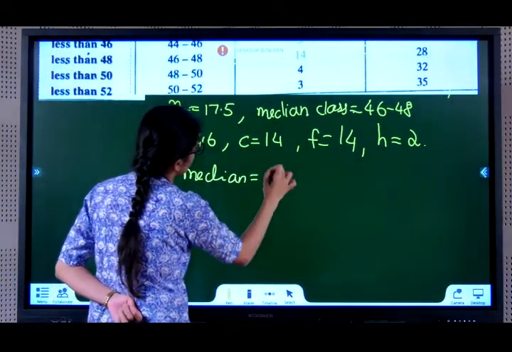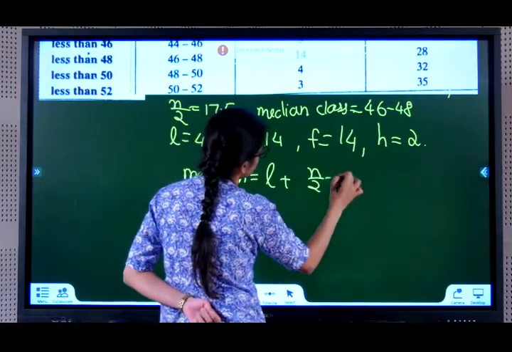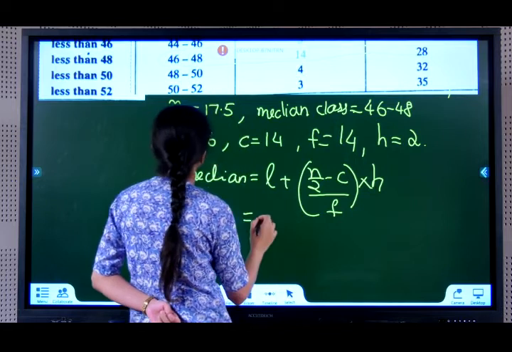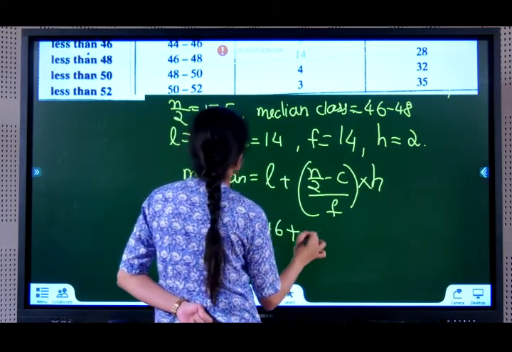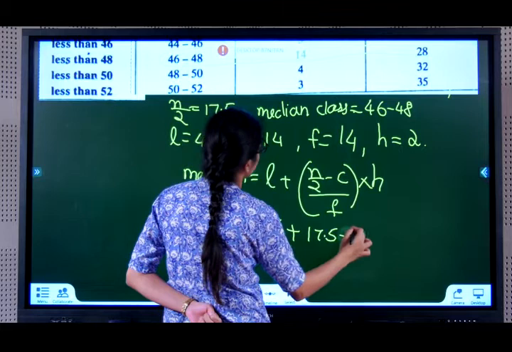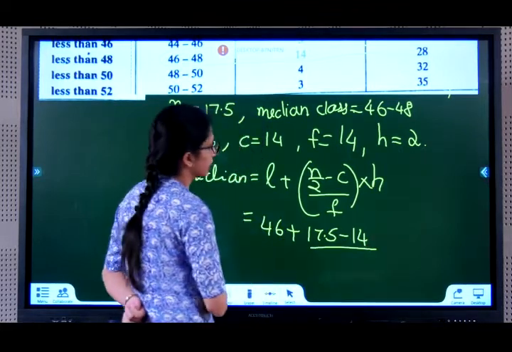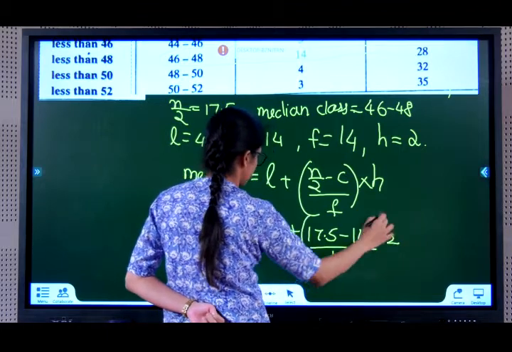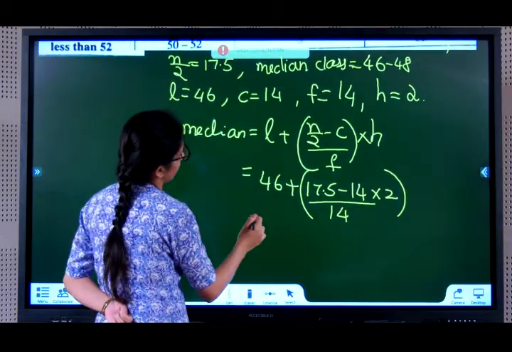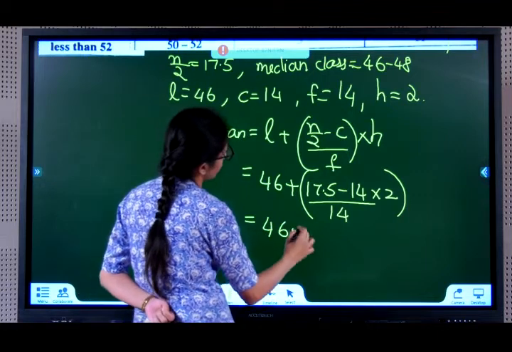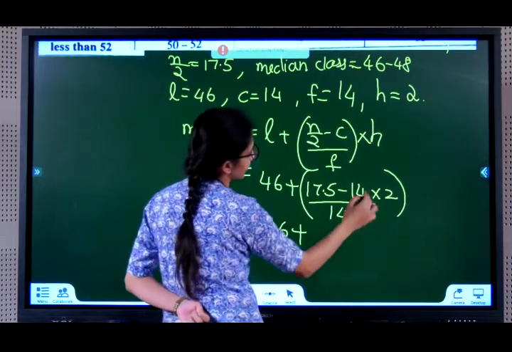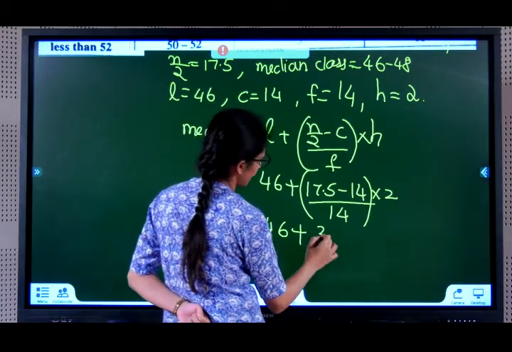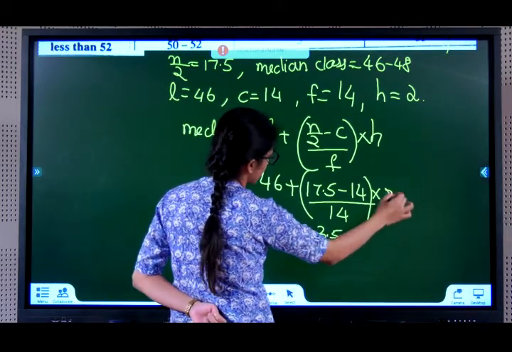Median is equal to L plus n by 2 minus C by F into H. L 46 plus n by 2, 17.5, minus C, minus 14, divided by 14, into 2. 46 plus 17.5 minus 14. 17.5 minus 14, 3.5. 2 ones are 2, 2 sevens are 14.